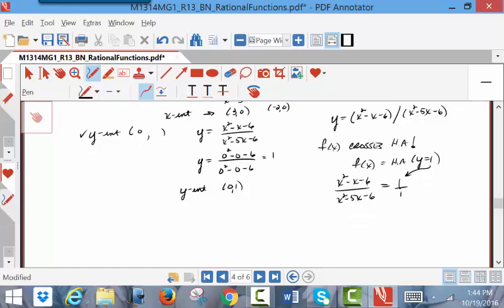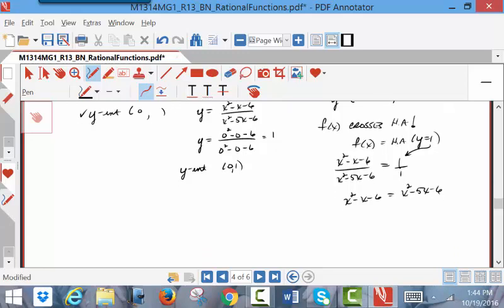Then when you cross multiply, you'll get x squared minus x minus 6 equaling x squared minus 5x minus 6. Then you're going to subtract off your x squareds, and get negative x minus 6 equaling negative 5x minus 6.